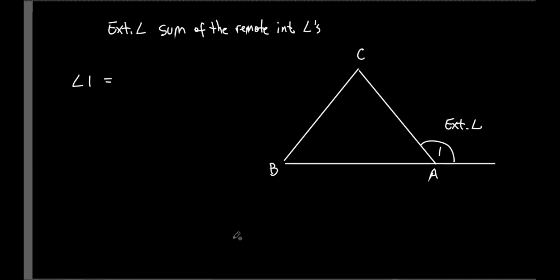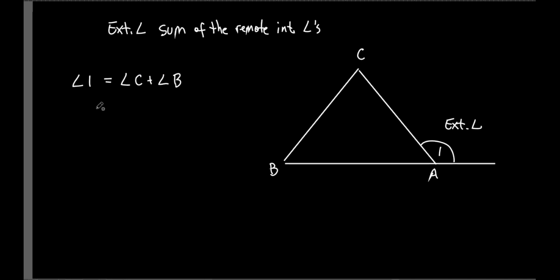Again, this is not new. Angle C and, no, A is next to this. B is remote. These are the ones that are further away from the angle 1. So angle C plus what? Angle B. Correct? So what does that mean?